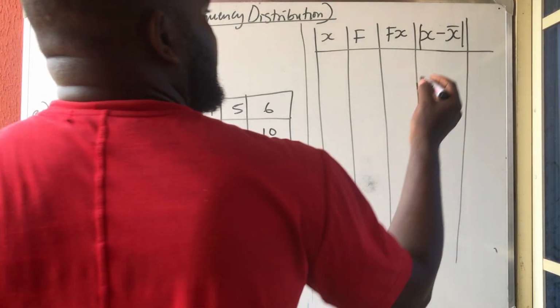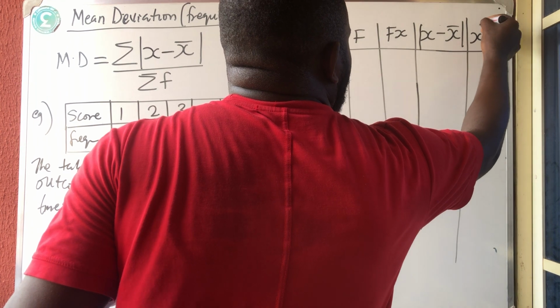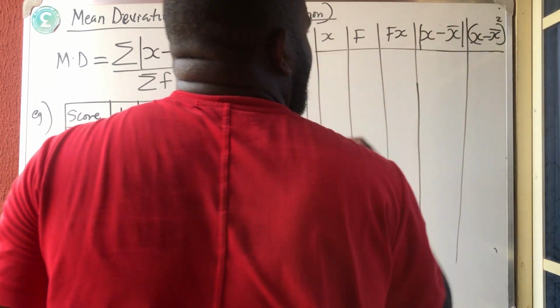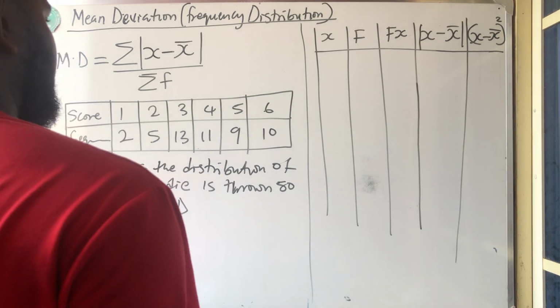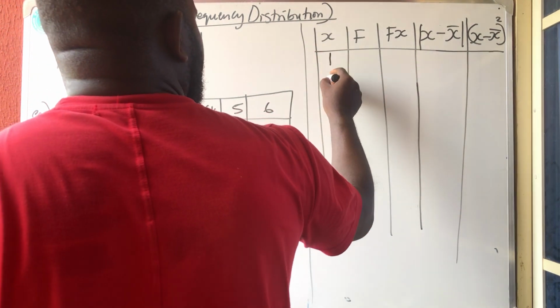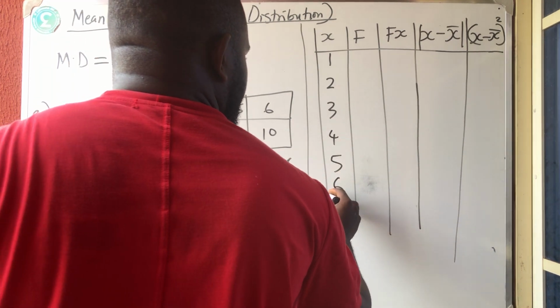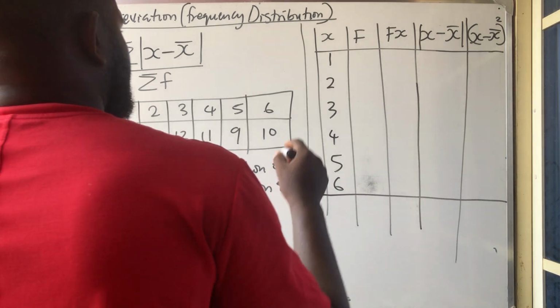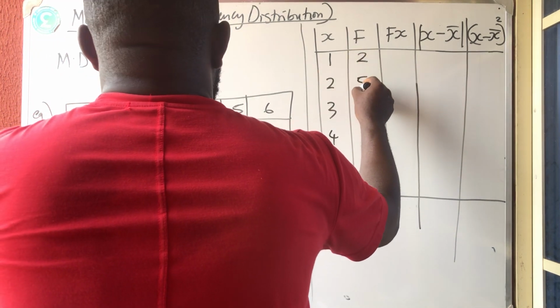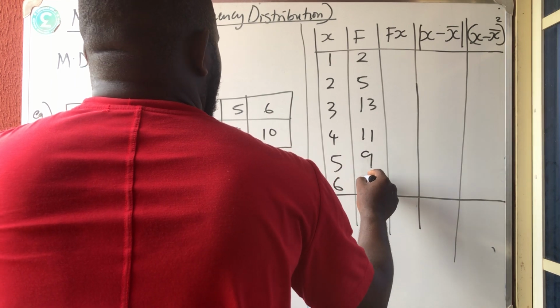We also need x minus x bar, then square it, because we need the variance. These are the only things we need. So x is 1, 2, 3, 4, 5, and 6. Frequency is 2, 5, 13, 11, 9, and 10.